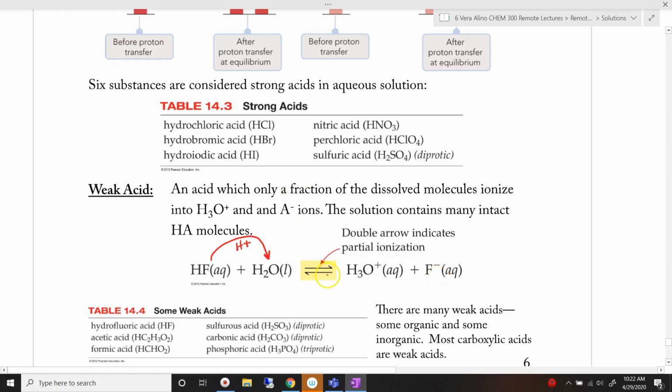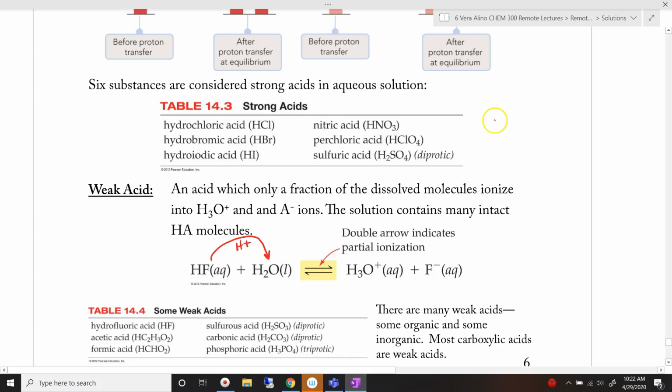It indicates that this reaction is actually reversible, meaning the moment you break them apart into pieces, some of it will recombine back to form its HF counterpart, the compound form. It's going to break, reform, break, reform in water. It's going to go back and forth until it reaches an equilibrium, where some stays broken and some stays intact.